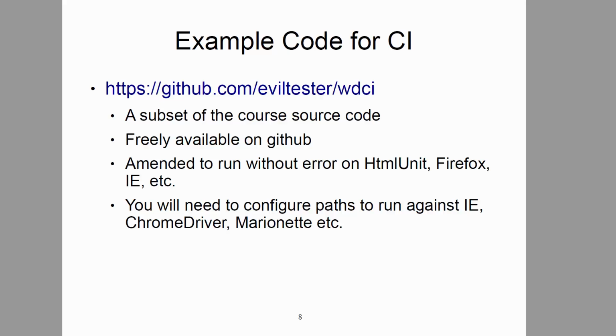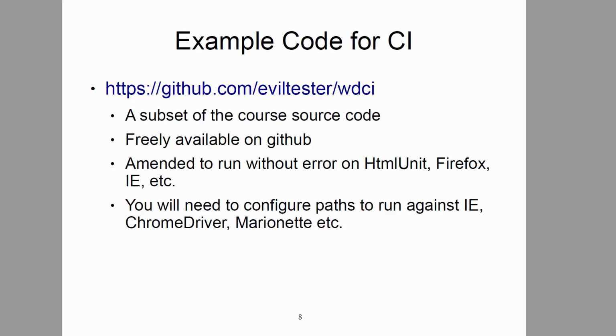You do not need a GitHub account in order to use the code or build a local continuous integration server. However, you might want to in order to experiment further. The code should run on HtmlUnit, should run on Firefox, should run on the IE driver. You will need to configure the paths to run against IE, ChromeDriver and Marionette, the same way you would normally by setting the driver path, which you've seen in the driver code already.